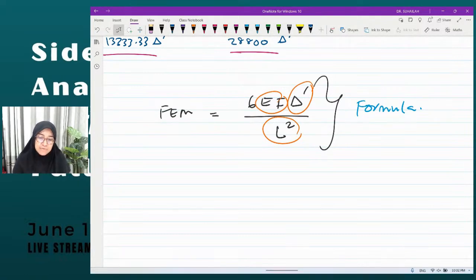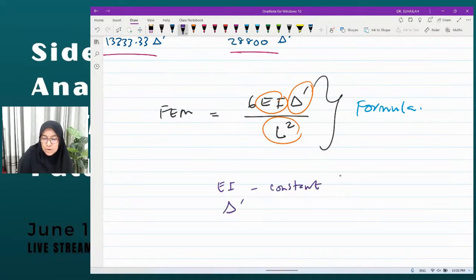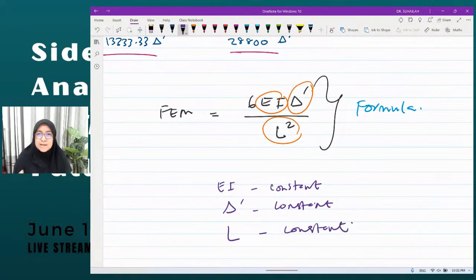If EI is constant, delta is also constant, and L is also constant, what is the ratio?